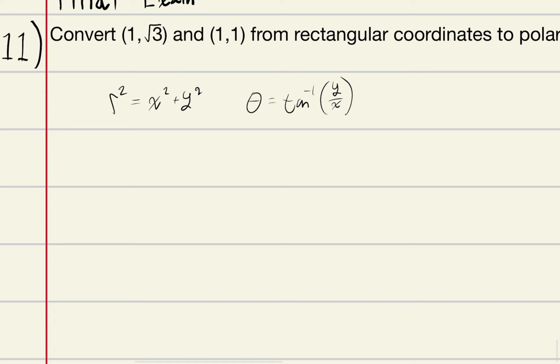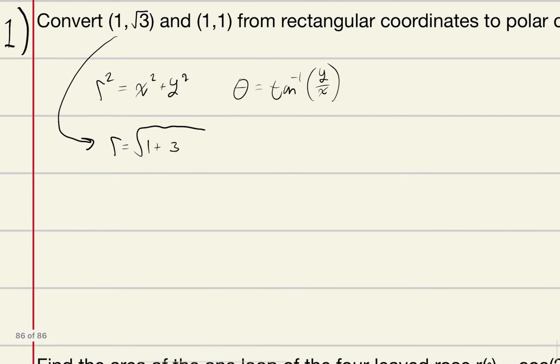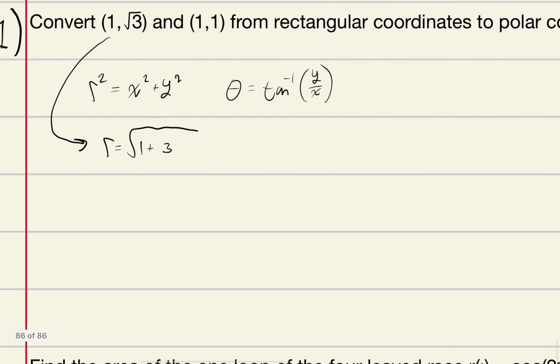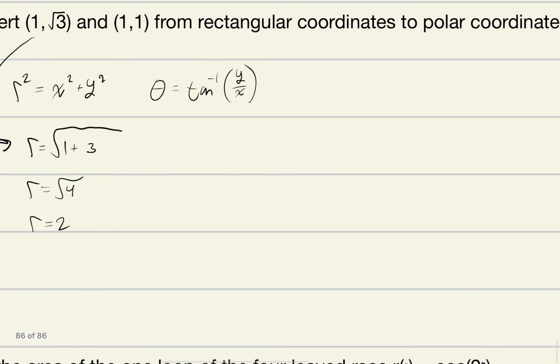So we will take this (1, root 3), and we can say r is equal to square root of 1 squared is 1, root 3 squared is 3, and we can say that means r is equal to square root of 4, which would mean r is equal to 2.